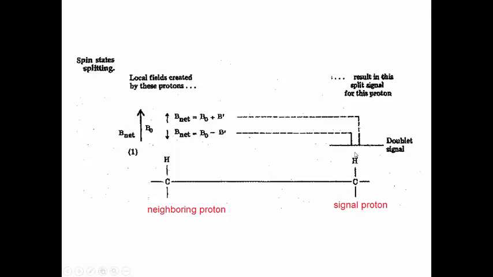In half of our 100 molecules, about 50, the signal proton will experience a local field for neighboring hydrogens that are spin up. The other half, around 50 molecules, will experience a local field for neighboring protons that are spin down. Consequently, our signal proton, being under two different local magnetic fields, is going to create two different signals, a doublet.